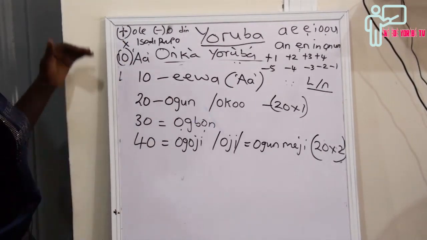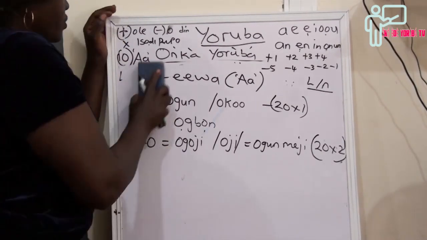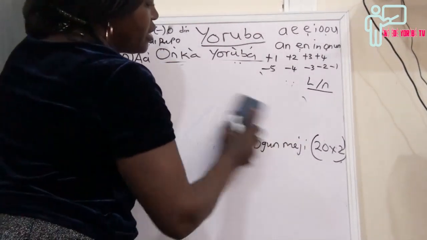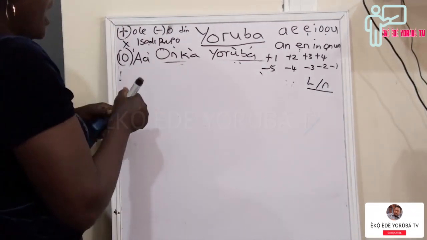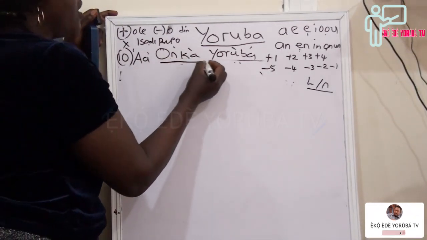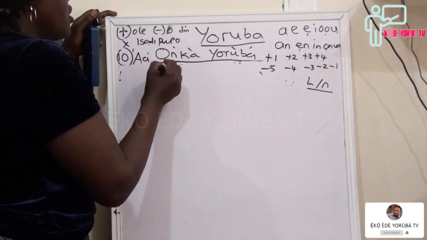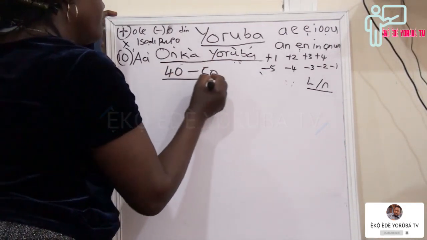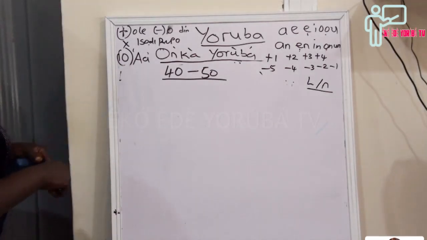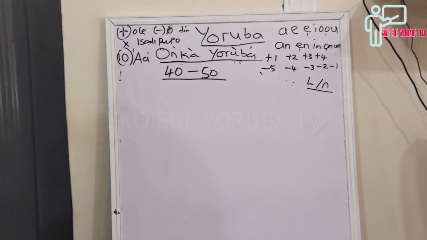So you see it, the different one. I'm filling it. Òǹkà 40, that is number 40 to 50. Òǹkà 40 to 50.